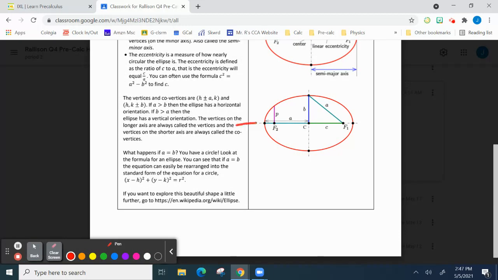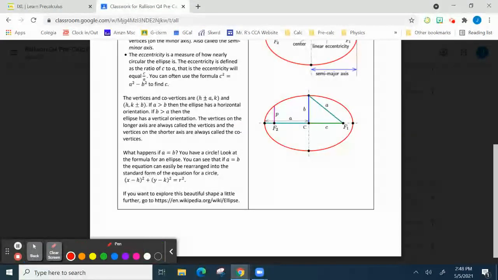Again, this is the major axis, the longer one. But what you have to keep in mind is the major axis could be the y-axis or the x-axis. If it's the y-axis instead of the x-axis, the A is going to be the same, but B and C are going to be switched. C is always the major axis, and B is always the minor axis. Okay. So that's the things you're going to want to look out for.